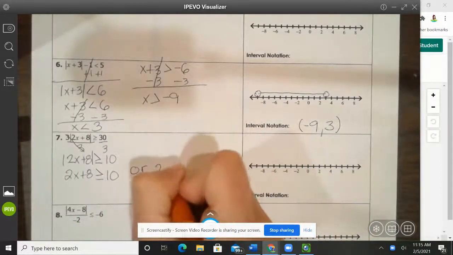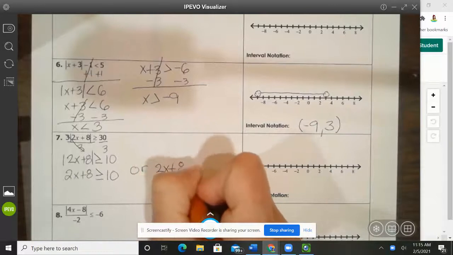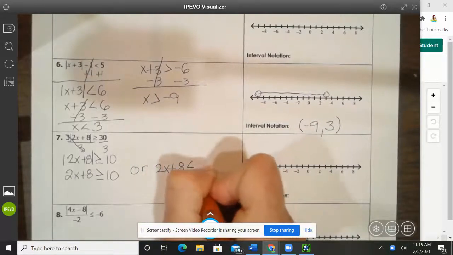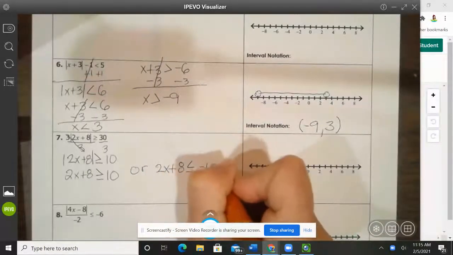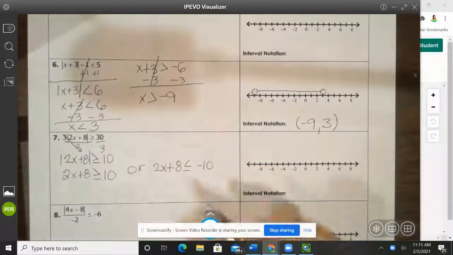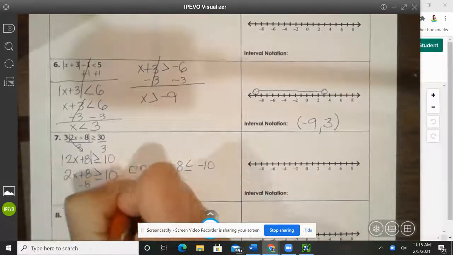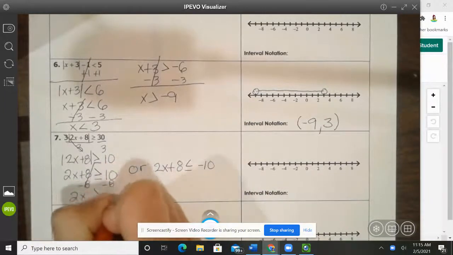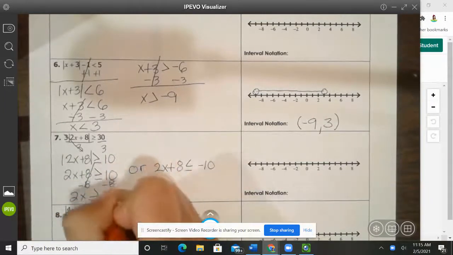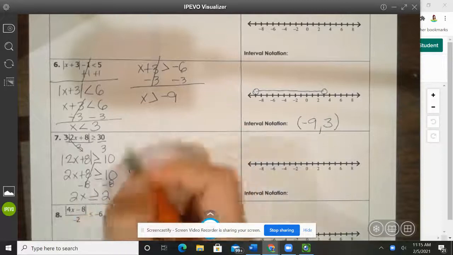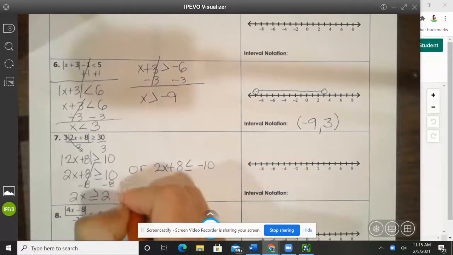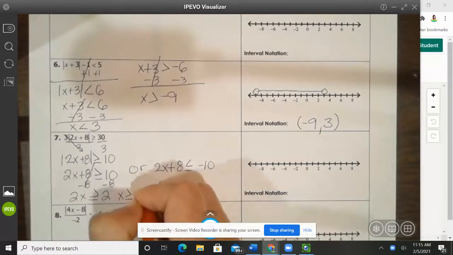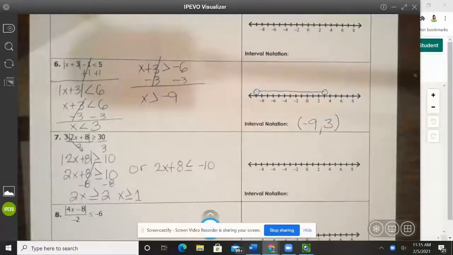I have 2x plus 8 is less than or equal to negative 10. And then I solve. Minus 8, that goes away. I have 2x is greater than or equal to 2. And then right here, x is greater than or equal to 1, right? Because 2 divided by 2 is 1.